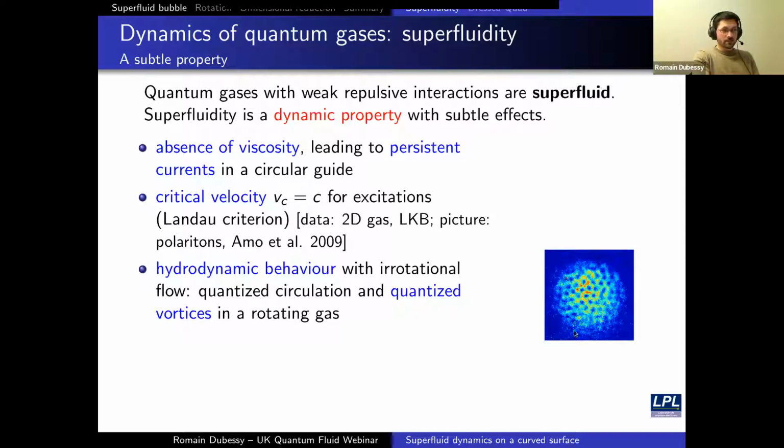And this is, for example, a picture taken in our lab where we see more or less the abruptness of a vortex lattice that you expect in the ground state when the gas is rotating.